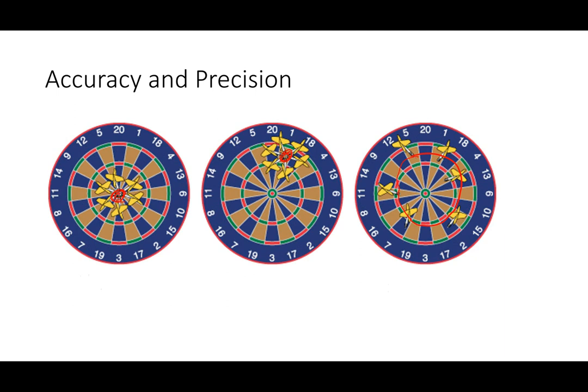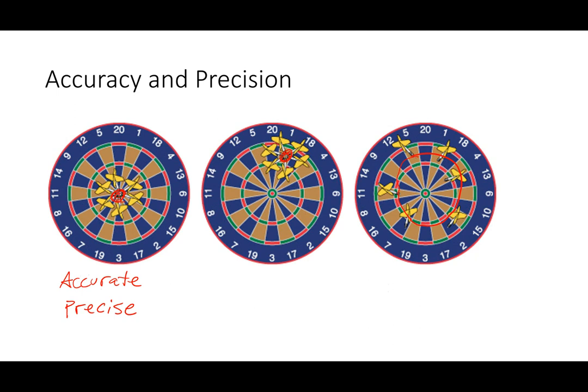In this first instance, we can say that it is accurate. Why is that? It's accurate because the goal was to get a bullseye. And it's precise because all of them are clumped together. There's not a lot of range.